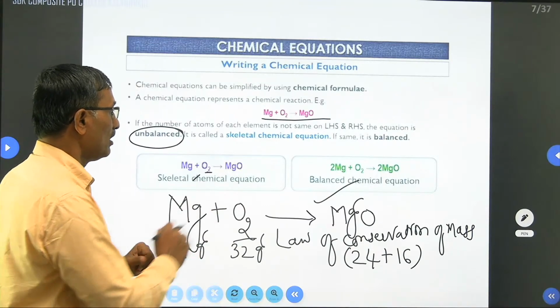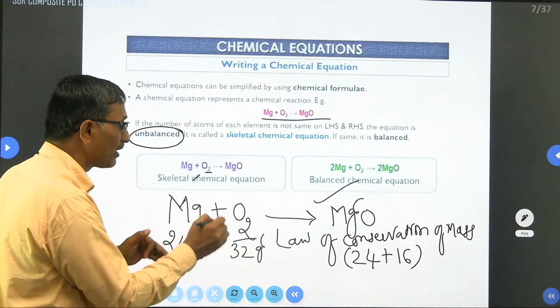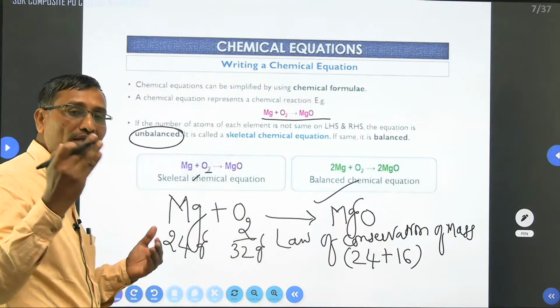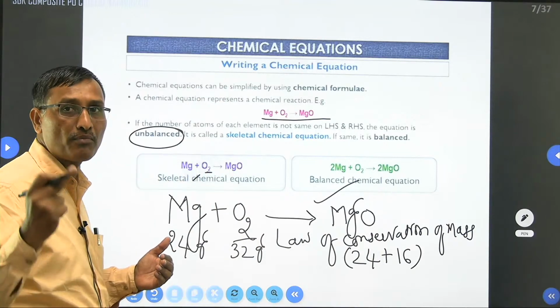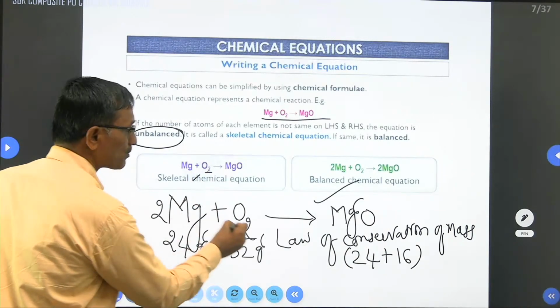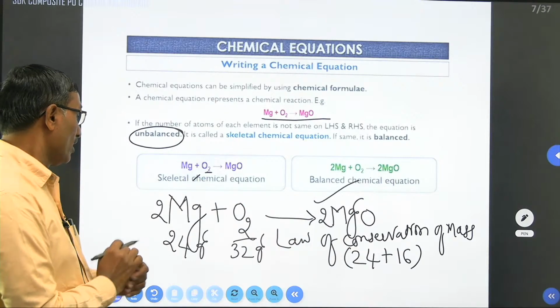Now, how to balance? Most students write O2 and then Mg2 to balance. No, it is not like that. Magnesium exists in atom form. So take 2 Mg plus O2 gives 2 MgO.